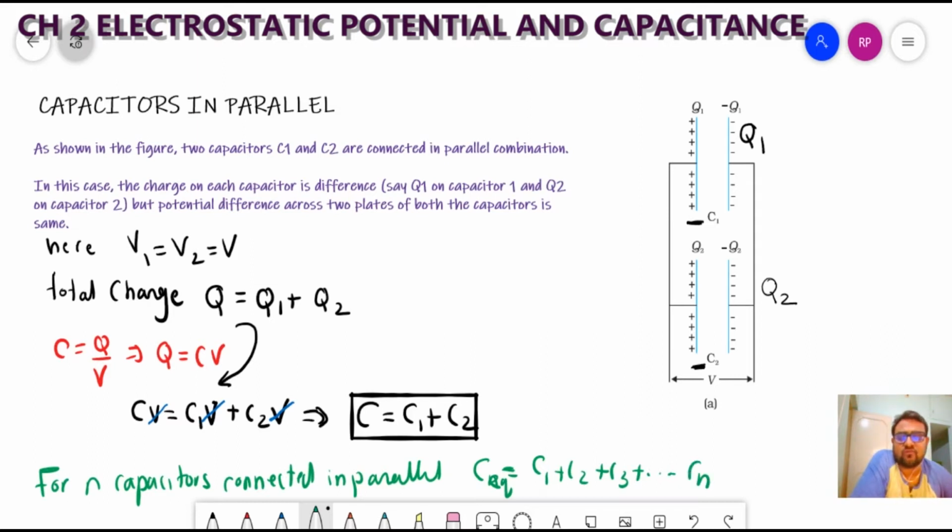Means summation of all the capacitances. Clear? So remember, whenever capacitors are connected in parallel, you have to add all the capacitances to get the equivalent capacitance. So just go through this topic.